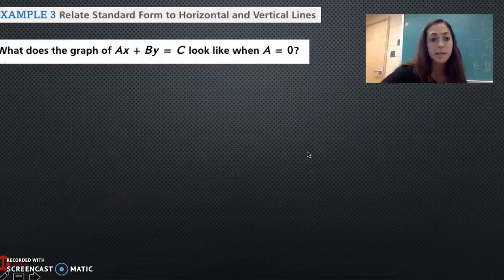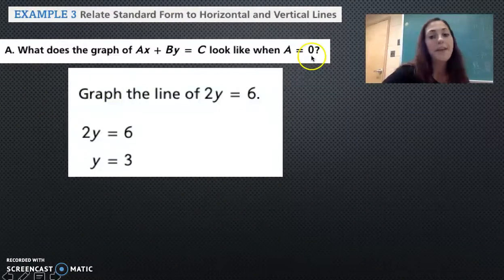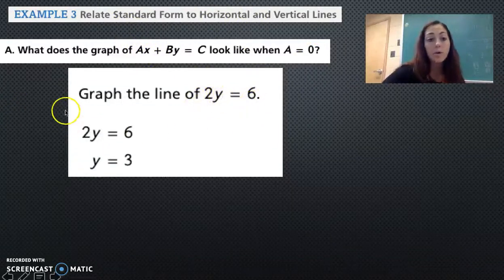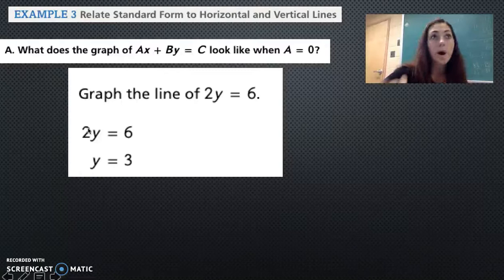All right, what's next? Example 3. So now we want to talk about, well, what if A is 0? What if that's not there and you just have something like 2y equals 6? Well, you're going to solve for y and you get y equals 3. Now, no matter what, y equals 3.